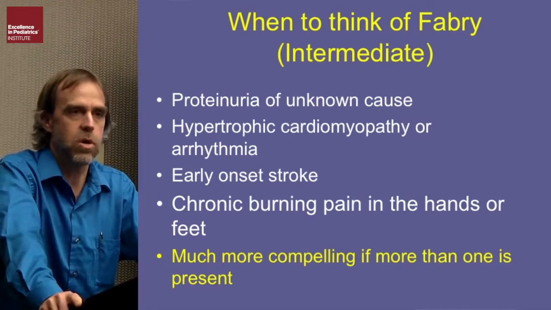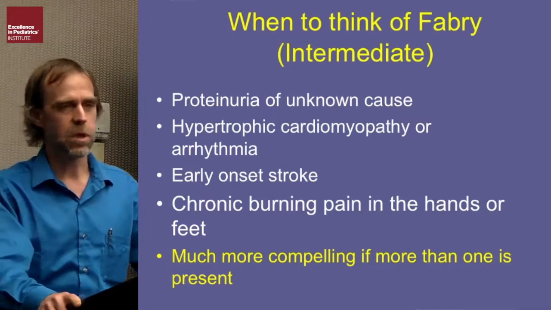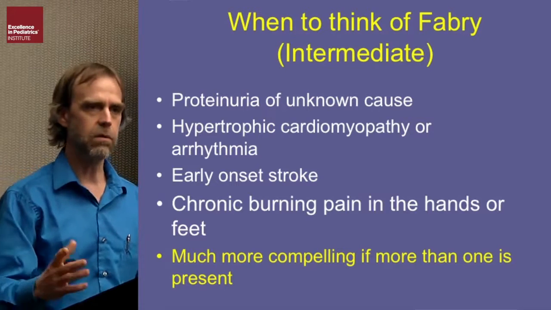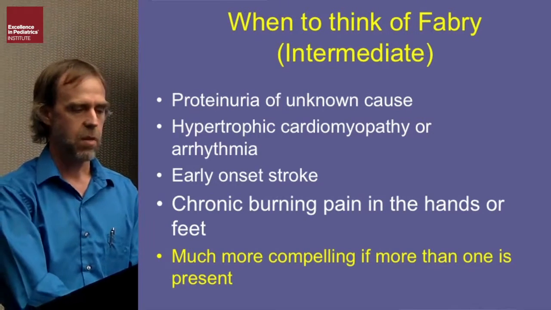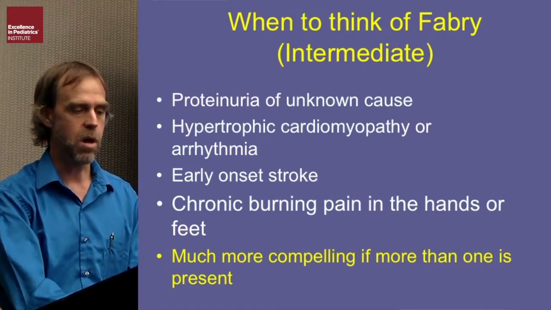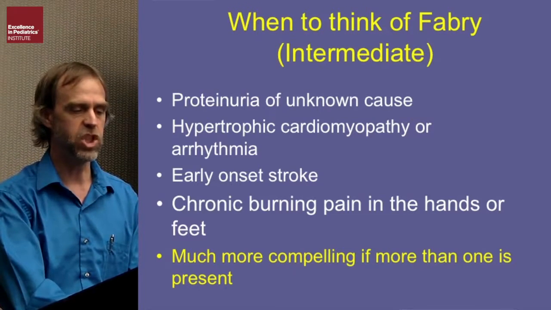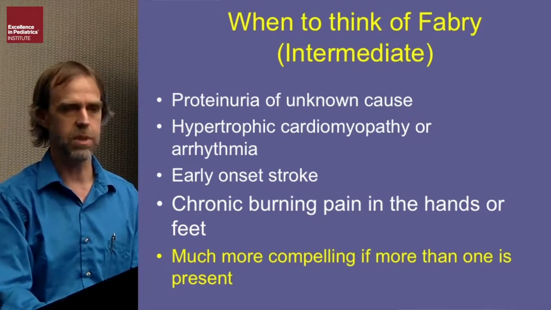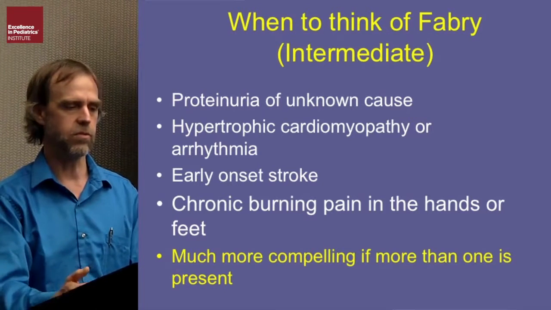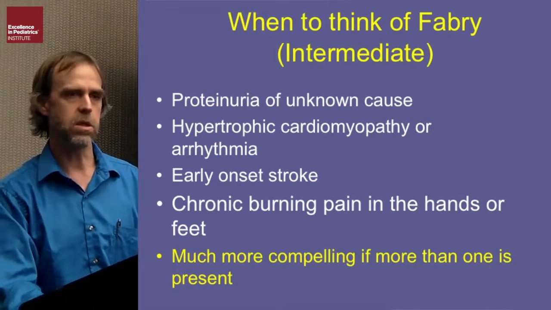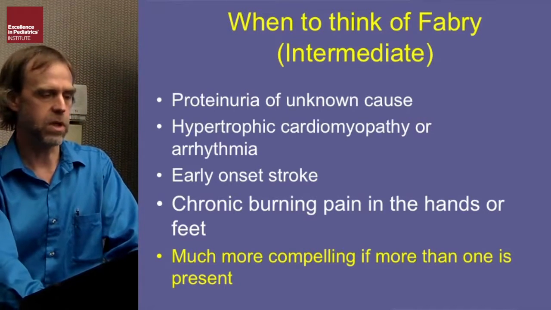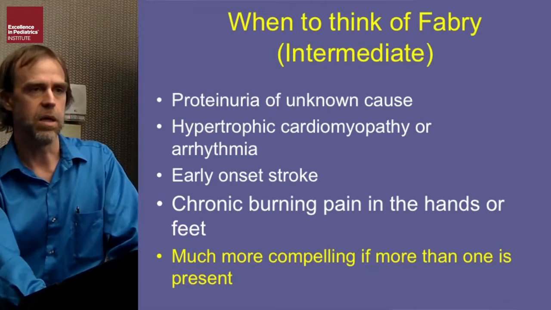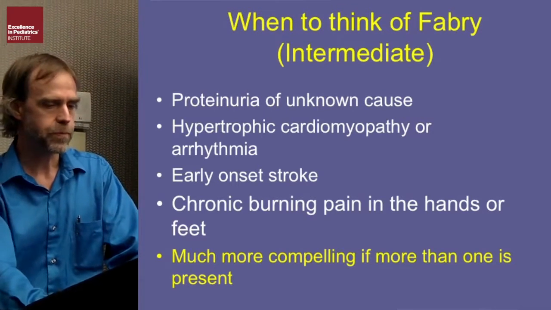Early onset stroke, only 3 or 4% of early stroke will be related to Fabry disease, but it is an important cause. The strokes will generally be in adults, but at a relatively young age. You can start to see proteinuria and hypertrophic cardiomyopathy in adolescents.